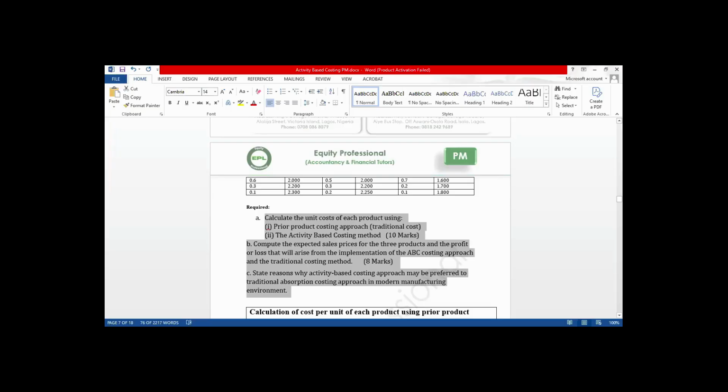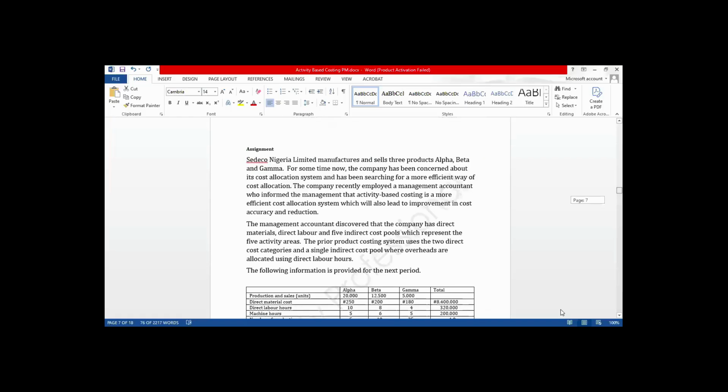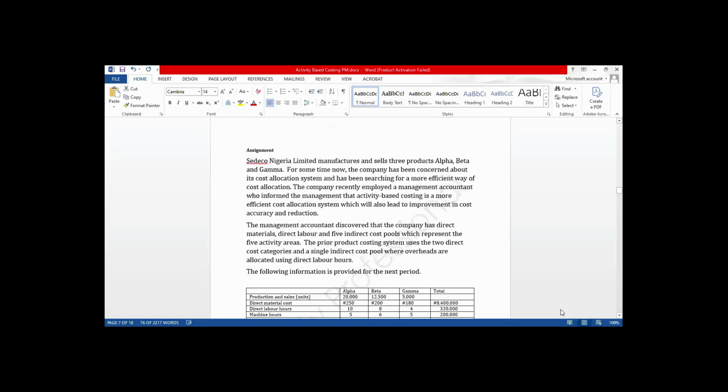No problem. Question number 4. All right. Let's go to this question. Sedeco Nigerian Limited manufactures and sells 3 types of products: alpha, beta, and gamma.